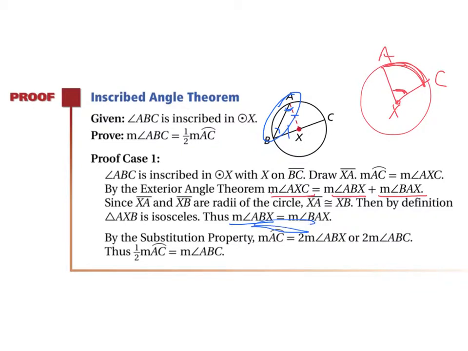And we just said that, they're congruent because it's isosceles. By substitution, the measure of arc AC is equal to twice the measure of angle ABX, because we know this is half of this. Therefore, half of the measure of arc AC is the measure of angle ABX.